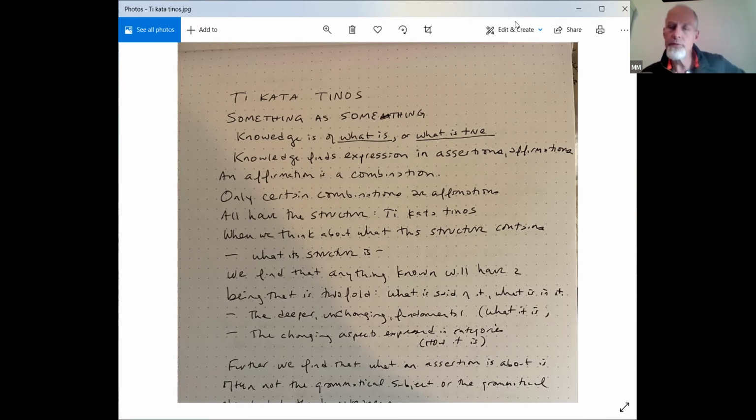And what you will find over and over and over again is that the philosophical entryway into the question of being is the way in which language can be used so that being can be said in it. So this ti kata tinos structure, which just means something about something, is the structure of what is, insofar as what is can be true.